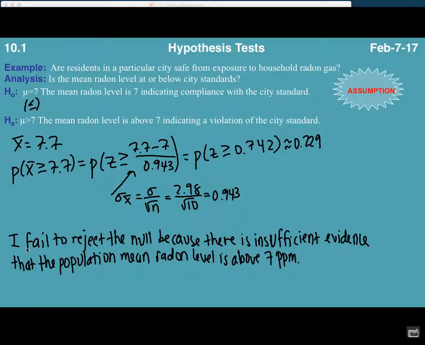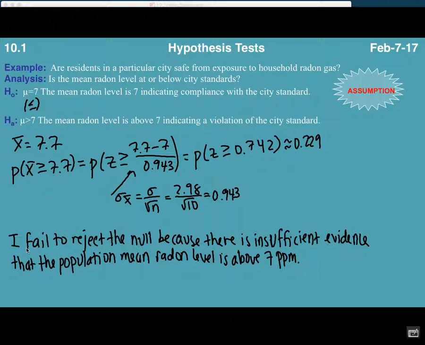I don't understand why we're failing to reject the null in this situation. Because 23% of the time, if mu is 7, you'll get a sample mean of 7.7.